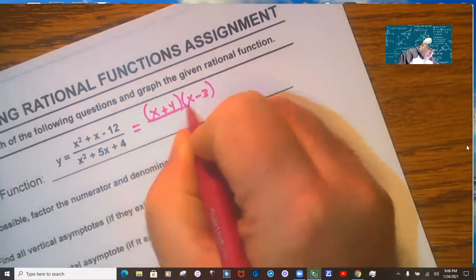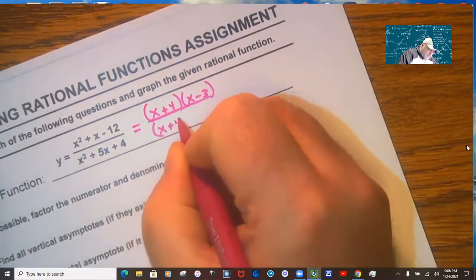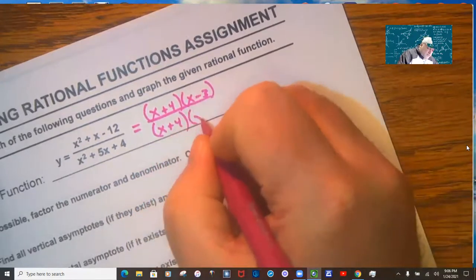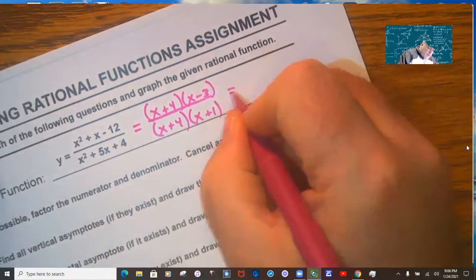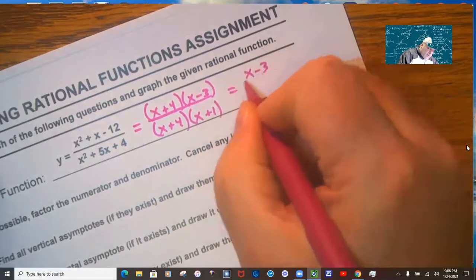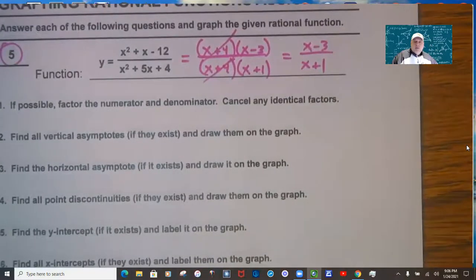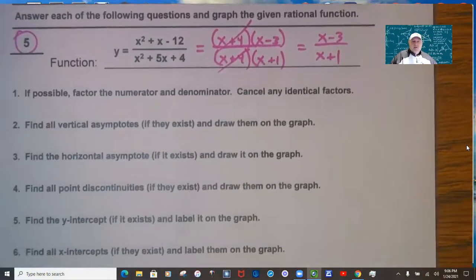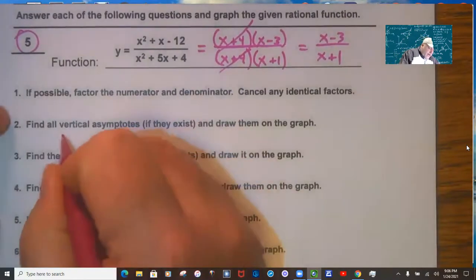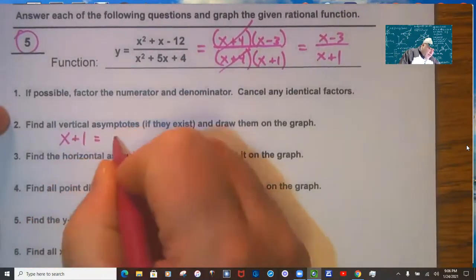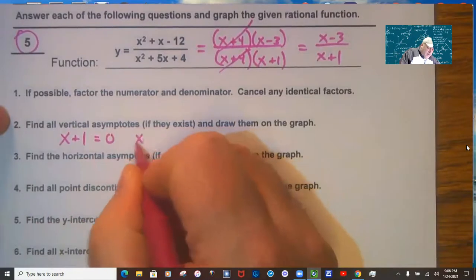Again, the factoring is, I'm going to make it very simple, times x + 1. And then this will cancel down into x - 3 over x + 1. So whenever you cancel those identical factors, again, you are going to have a point discontinuity. Find all vertical asymptotes. You just take the factor that's left in the bottom equal to 0.